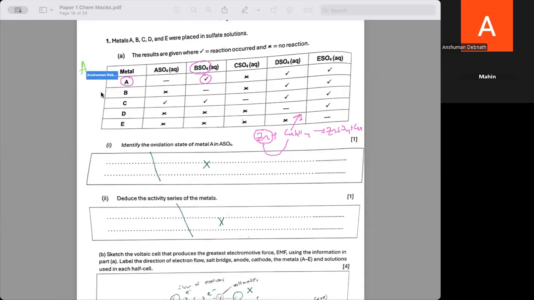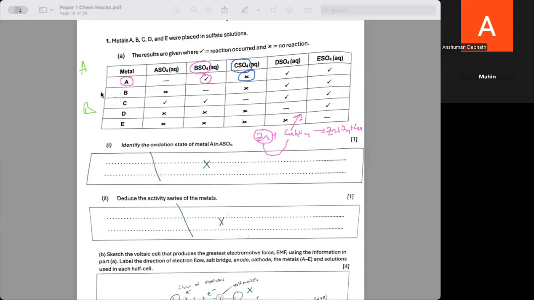So you write down like this, A on top, and B a little bit below, giving a space. Now next, did A displace C? No. So which is more reactive, C or A?